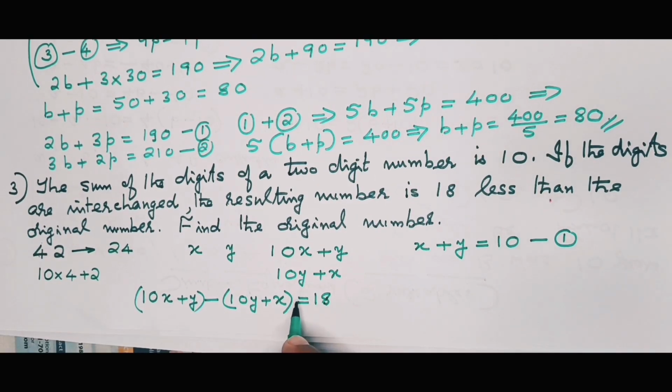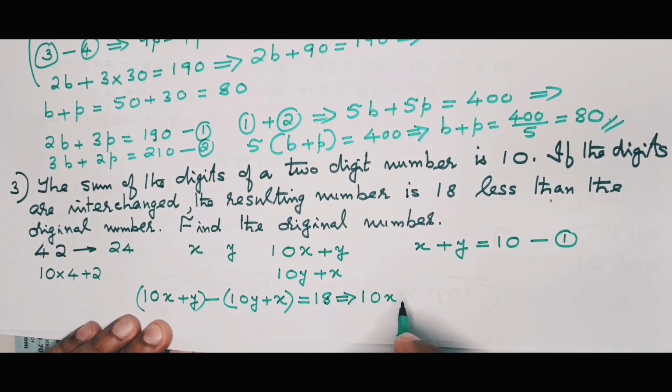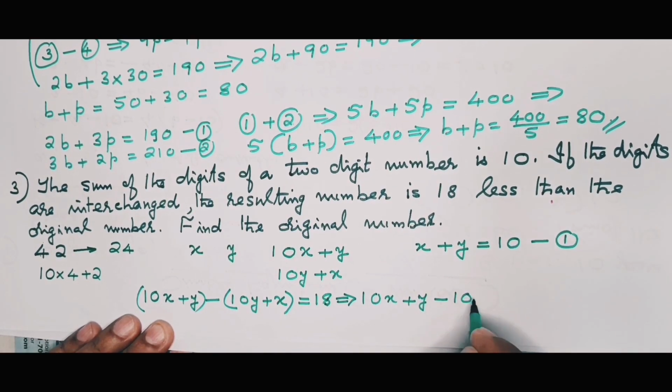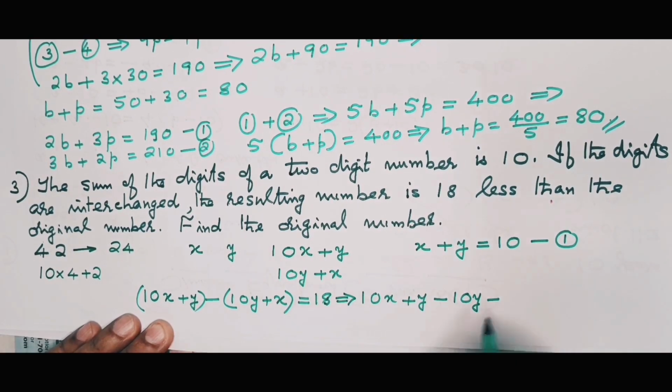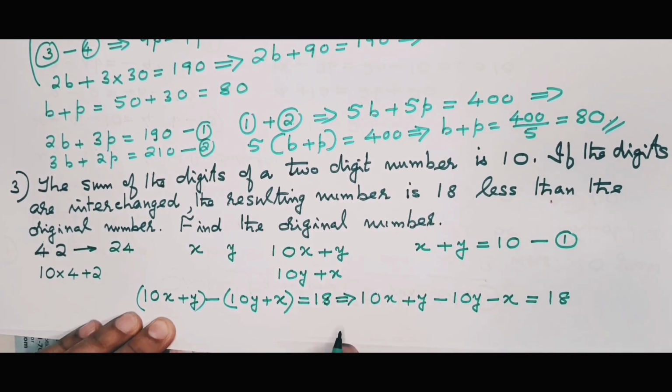Now you just simplify this equation. 10x plus y. Distribute the minus sign to both the terms inside the bracket. You will get minus 10y and minus x. On the right side, 18.